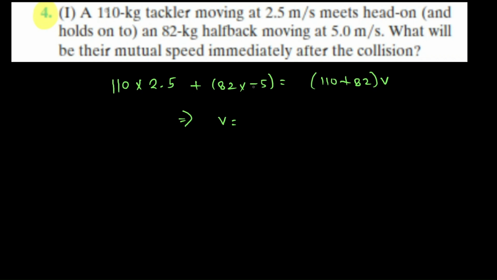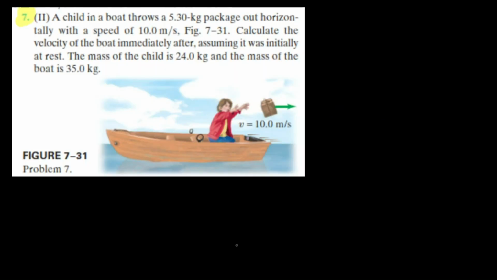So it's 110 times 2.5 minus 5 times 82, divided by 192. Negative 0.7. All right, please be careful about these signs. Next question.